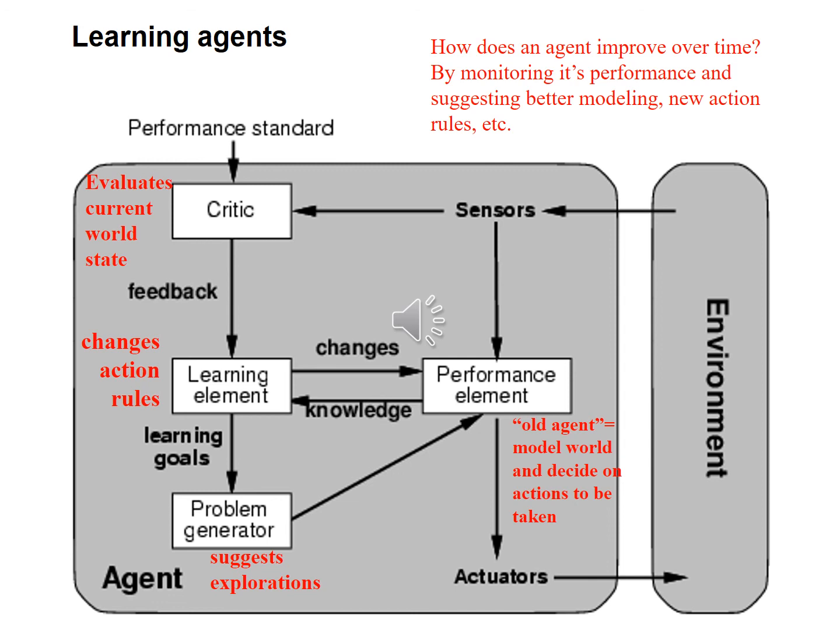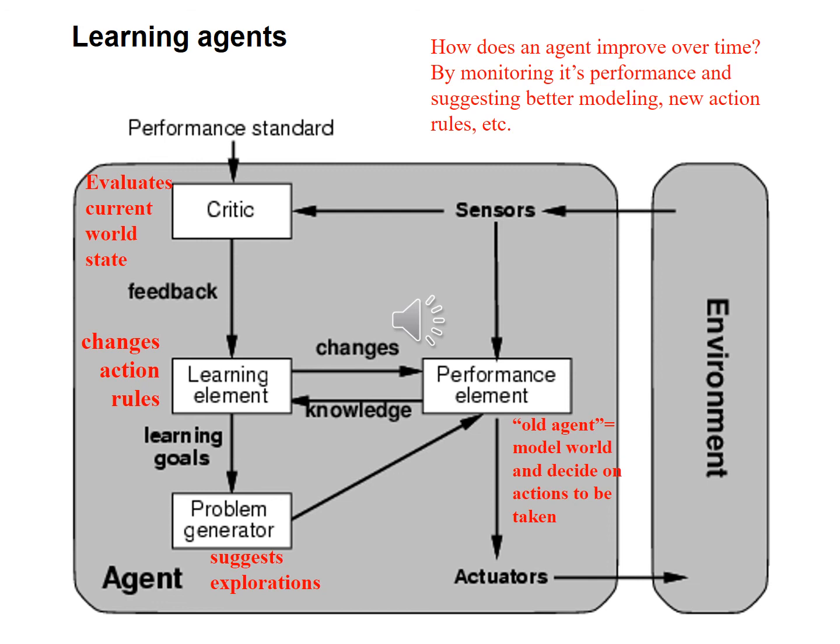It would always be the same old, same old. If the agent is willing to explore, and has some combination between exploring and using the knowledge it has learned, it might discover much better actions for the long run. So the problem generator's job is to suggest the exploratory actions.